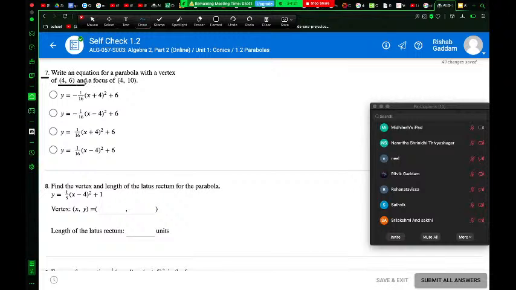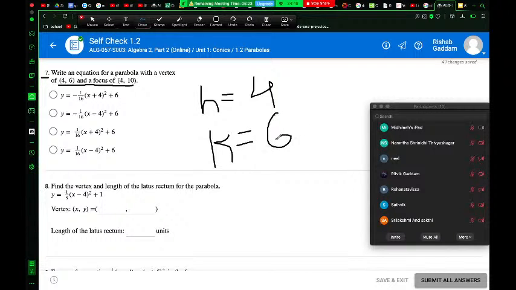Write the equation for a parabola with vertex, for reflection of... Is it number 2?